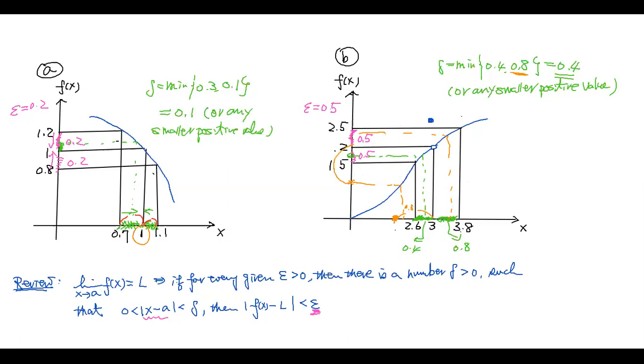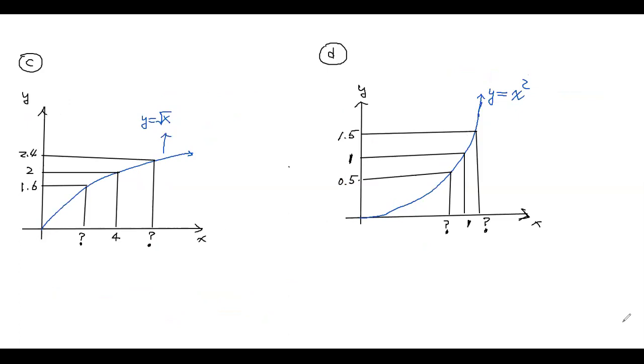So now let's take a look at the next one. Okay, part C, it is a similar problem, but a little bit different. They give you a function and they want you to find the delta. For example, for this one the function is y equals the square root of x. So when x is 4, y equals 2 here, right?